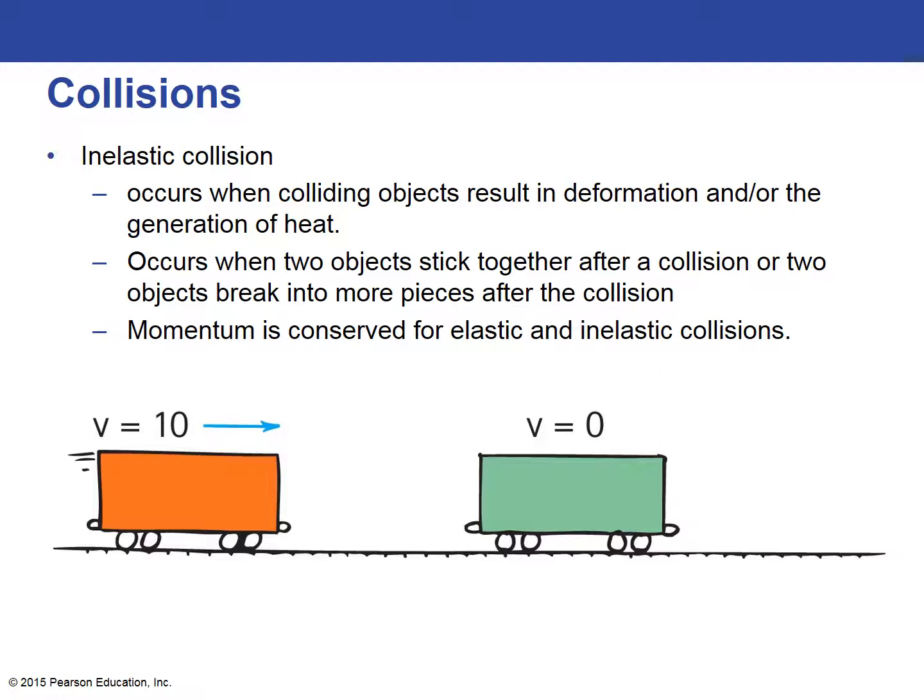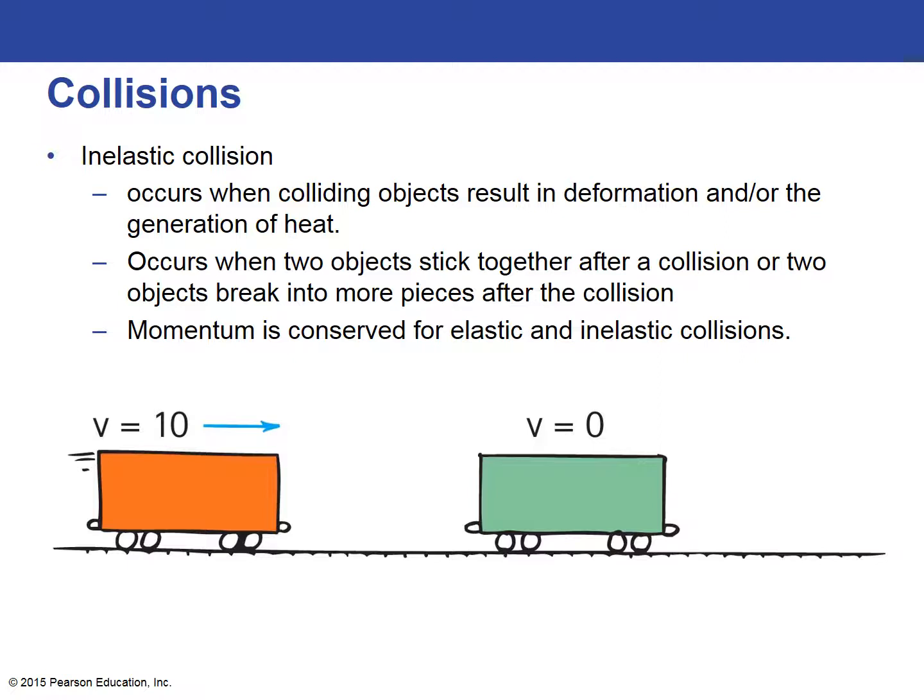It strikes an equal mass object, which we call the green car, which is initially at rest. And after the impact, they are linked together by a link at the base of the car. And then they travel off with some new velocity after the impact and the cohesion of the two cars occurs.